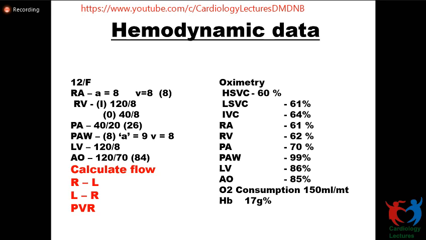Mostly it is considered a right left shunt. But if you do an echo, you can always find a small degree of bidirectional shunt. That will not be enough to detect any step up at the RV level. What you will find only is a step down at the LV level.